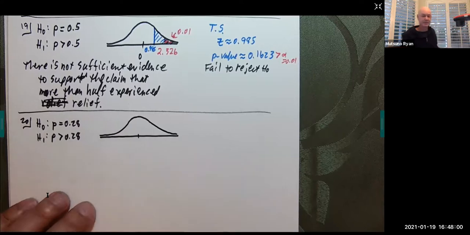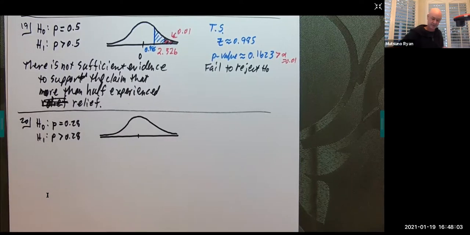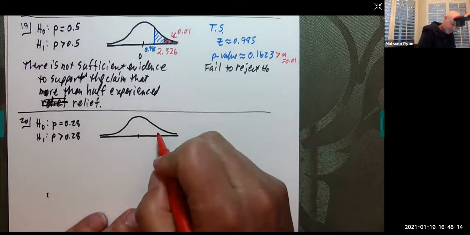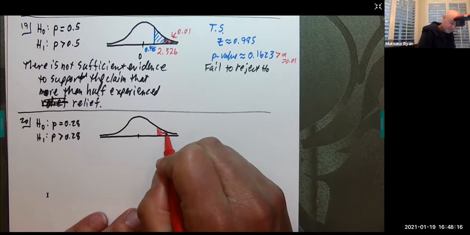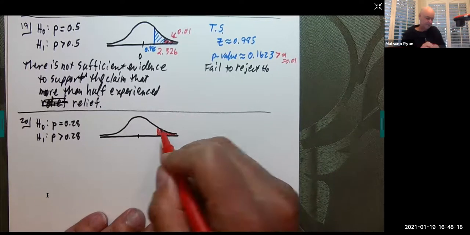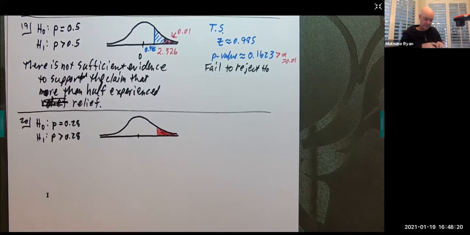You'll notice they give us a percent again, so we're going to have to find the test statistic. But to be clear, we don't have a critical region in this case. That's okay. Point is, it's a right tail test. We don't have an alpha, and we don't need an alpha, actually. We just need to know that this is a right tail test.